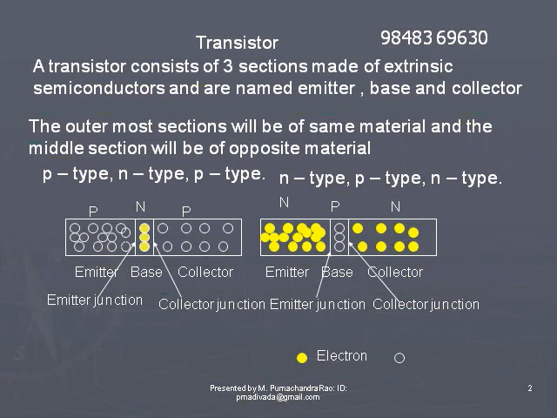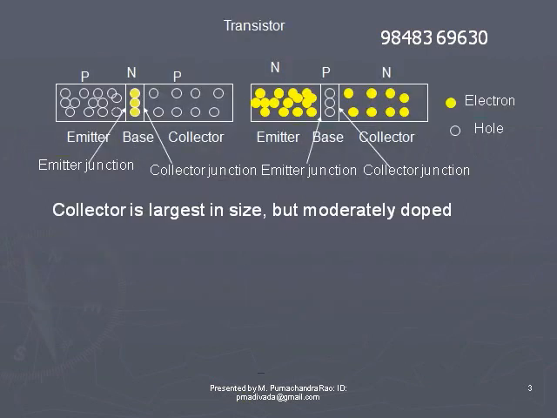Generally, the collector is largest in size but moderately doped. The emitter is heavily doped, but smaller in size compared to the collector. The base is a very thin layer and it is very lightly doped.